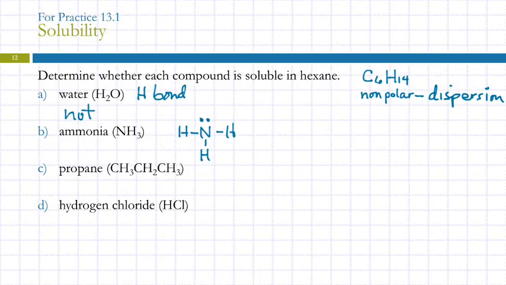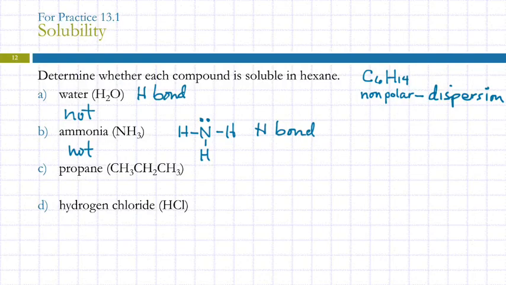Remember, a shortcut for determining polarity, if it has a lone pair on the central atom, is probably polar. These bonds are also polar, and it's got nitrogen-hydrogen bonds. Remember ET phone home? Fluorine, oxygen, or nitrogen bonded to hydrogen. This also has hydrogen bonding. Is that going to be soluble in hexane? No.